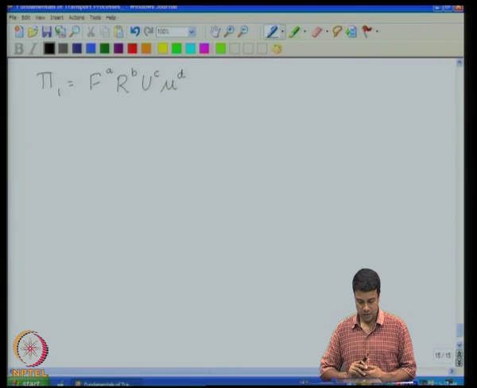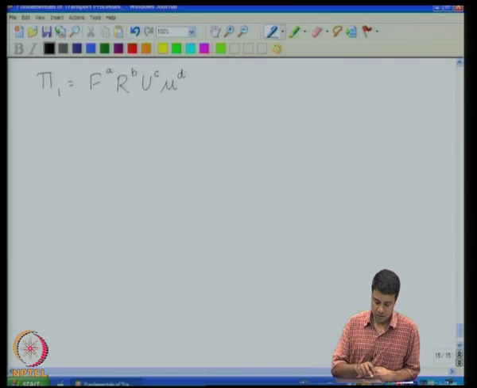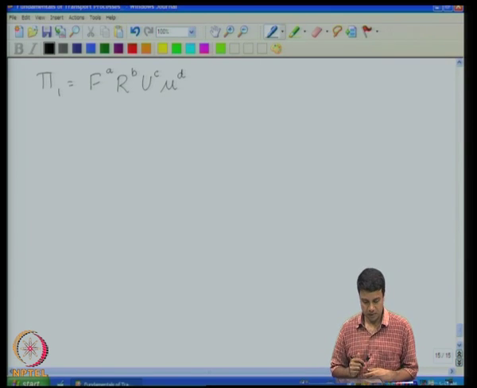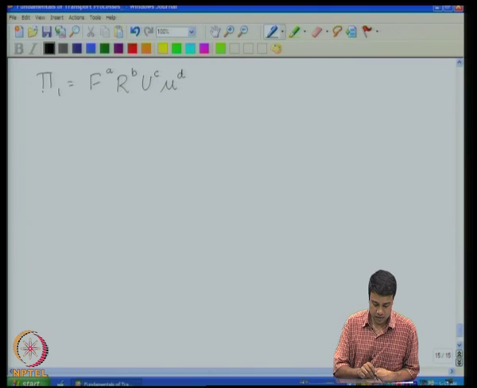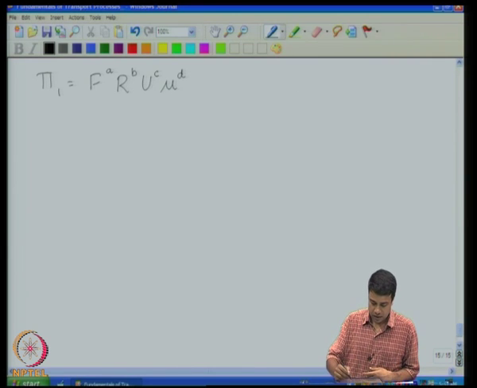However, if pi 1 is a dimensionless group, then pi 1 raised to any power is also a dimensionless group. So, without loss of generality, I can take one of these exponents as just 1, because if I take this dimensionless group pi 1 to the power of 1 over a, the exponent on f will become just 1. So, I can take any one of these to be 1, and I will take the coefficient a to be 1.